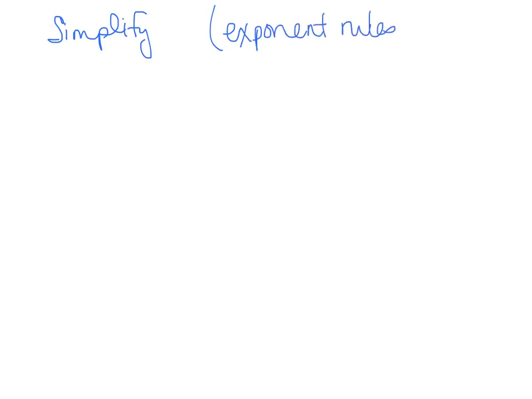So our next task was to simplify a basic rational expression, and this actually has its concepts back in our exponent rules. You probably saw expressions exactly like these back in exponent rules.